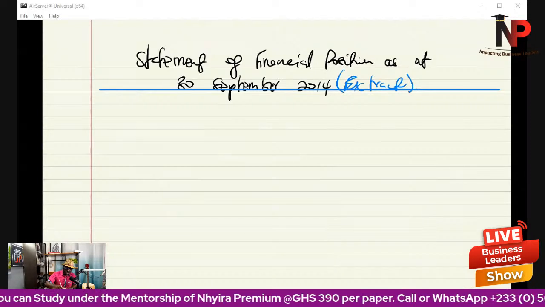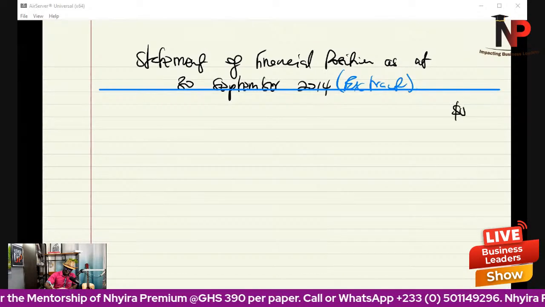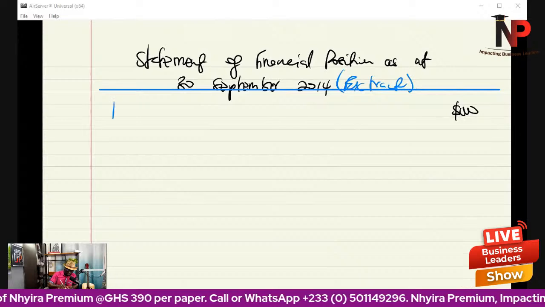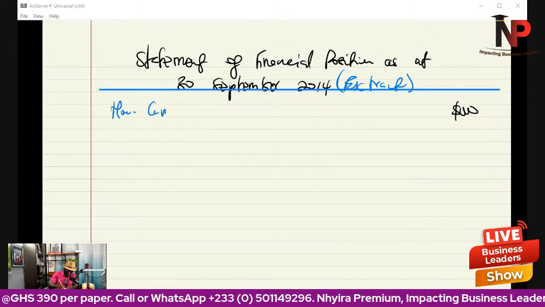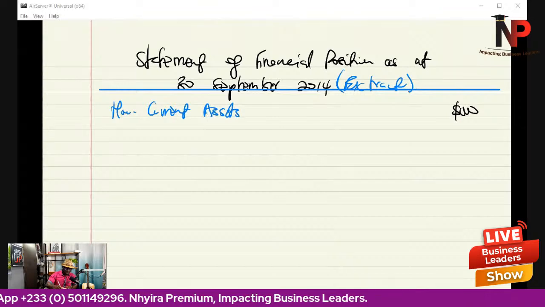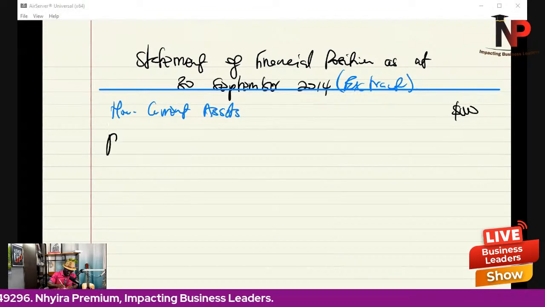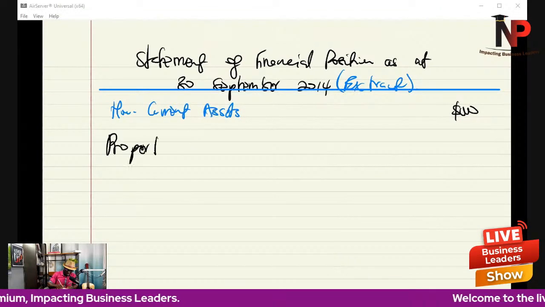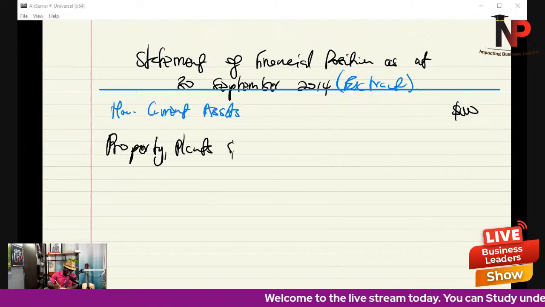So we go in and bring in our non-current assets. And we're going to have property, plant, and equipment. Make sure you don't go and write PP, you lazy people. Property, plant, and equipment. Make sure you put that in full.